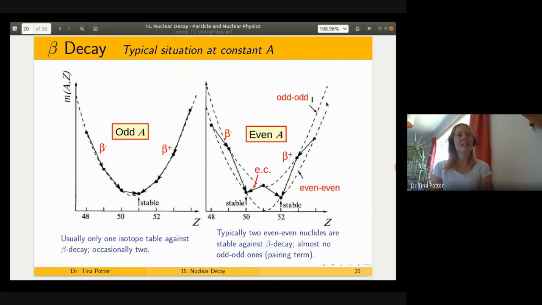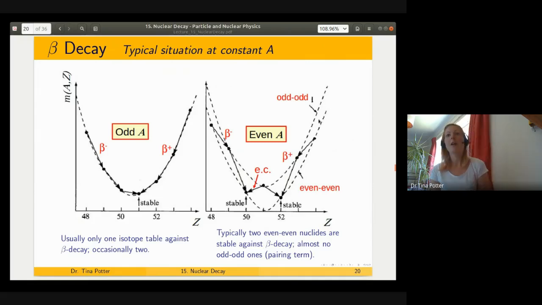It's a slightly different picture if we have an even number of nucleons. An odd-odd nucleus, with an odd number of protons and an odd number of neutrons, versus an even-even nucleus, will get a difference in the pairing term, which changes our binding energy and our overall mass.